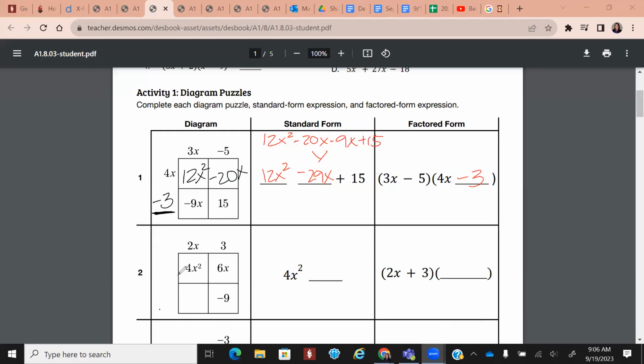So now on number 2, you're going to ask yourself, what times 2x would give us 4x squared? 2x. And 2x times 3 gives us 6x. 2x times what would give us this? Well, we don't have that number, right? So we're going to look at the next part. What times 3 would give us negative 9?